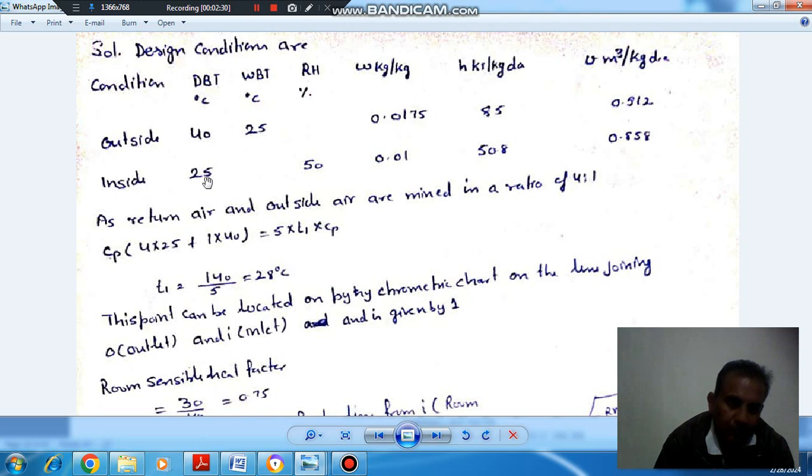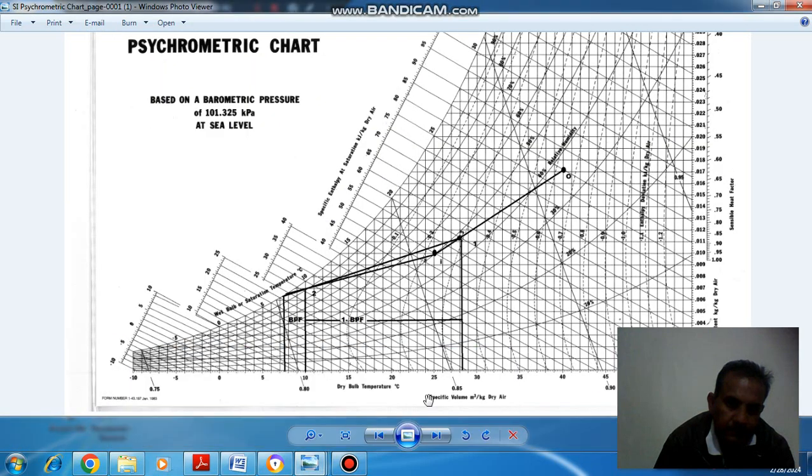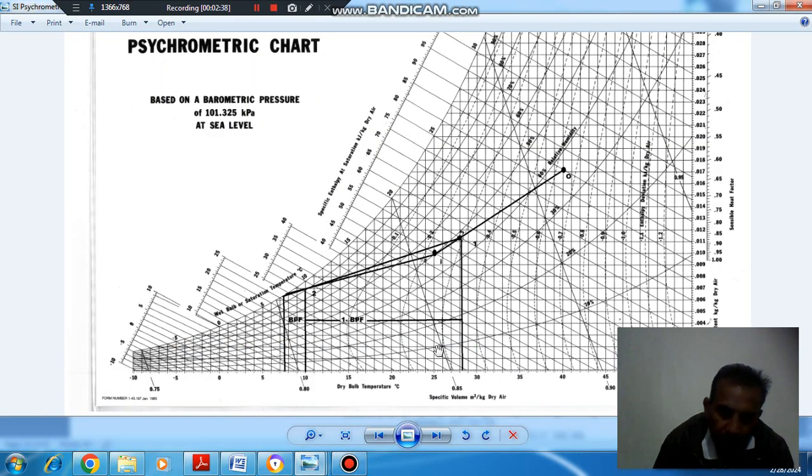Similarly, point 2 with 25 degrees Celsius DBT and 50% relative humidity can be located. So this is the point.